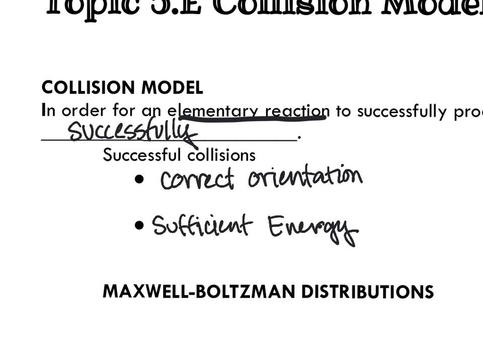So I want you to think about a car wreck. Is it possible to hit somebody and then your cars stick together? It's possible, but you've got to hit it just right, correct? That's kind of what we mean by correct orientation. And then enough energy, again, you might have to have enough energy to make it stick too.